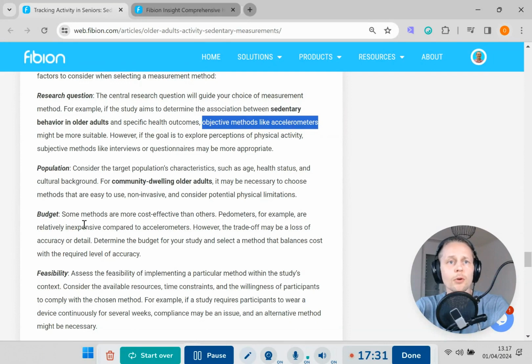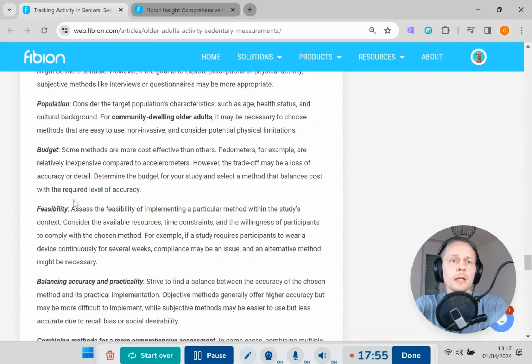For example, a lot of older people start to have problems with memory, so then the subjective methods might not be a good choice. And you should also think whether they are community dwelling older adults or they are living in an elderly house or in a clinical setting, and this might have an effect on the tool that you choose. And of course, budget is a consideration.